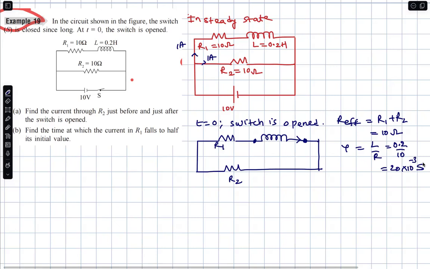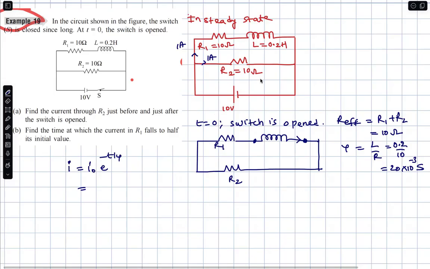Till this point, there is no issue at all. Now, this current is a decay. We have done this yesterday. What is the expression for the decay current? I naught e to the power of minus t by tau.